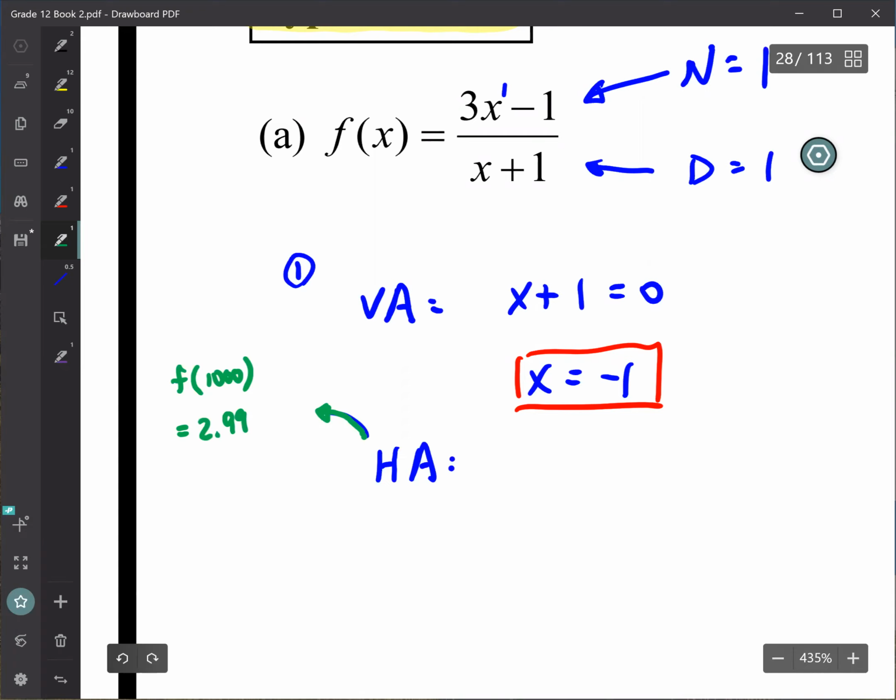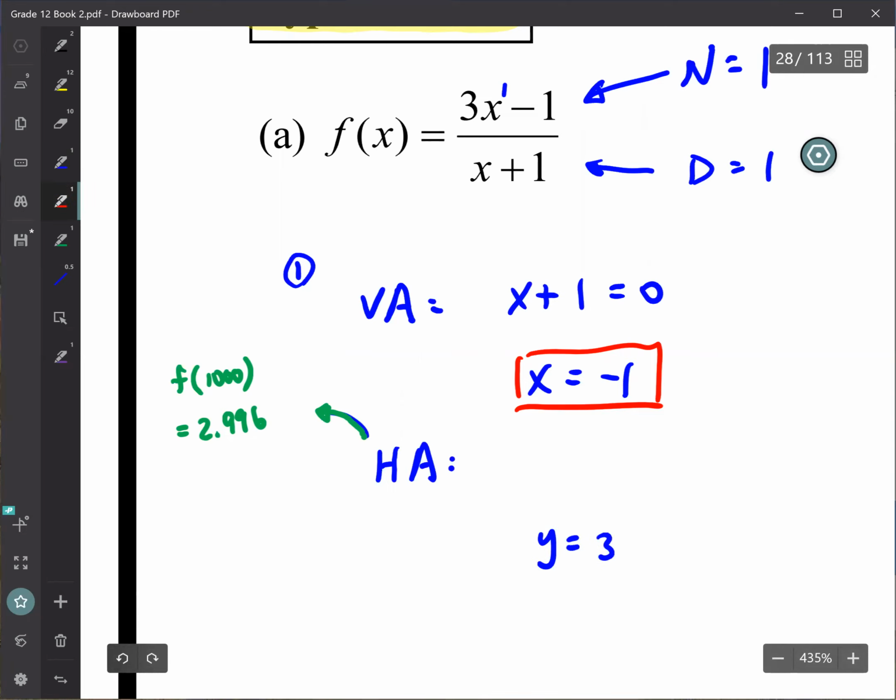2.996. So that number is really close to 3, right? Almost 3. So if I try to sub in an even bigger number, it will be even closer to 3. So we will say the horizontal asymptote for this will be y equal to 3. Okay.